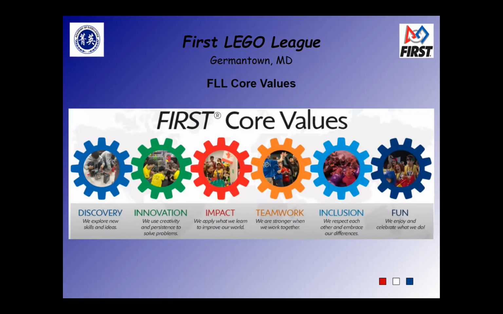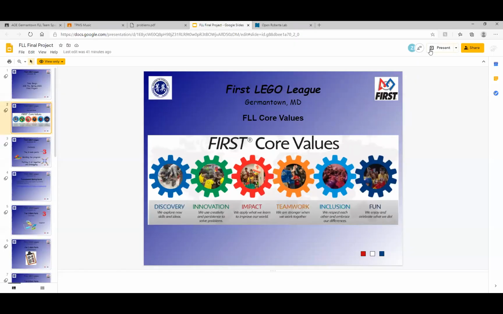For teamwork, we worked together as a class and as a team, we learned about many different aspects of FLL. Inclusion. We included each other in our activities, and fun. We had a lot of fun in this class.